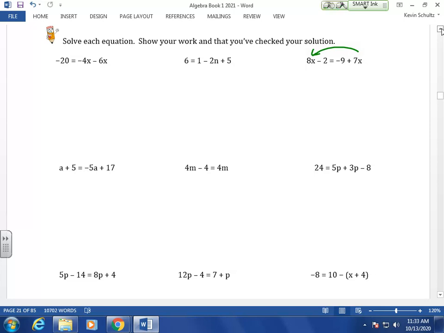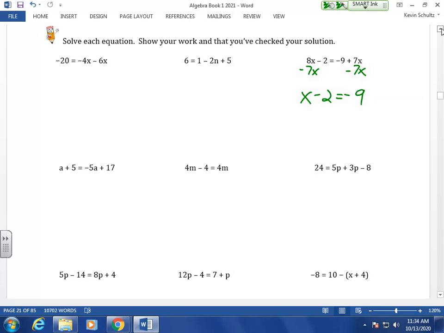Most students I have found prefer to keep that coefficient of x positive. So most students will look at the first one here that we're doing together, and they'll say, I've got 8x's on the left, 7x's on the right. If I subtract 7x's to move them over, that's going to keep me with a positive x on the left side. Versus if you subtract 8x's, then you'll have a negative 1x on the right side.